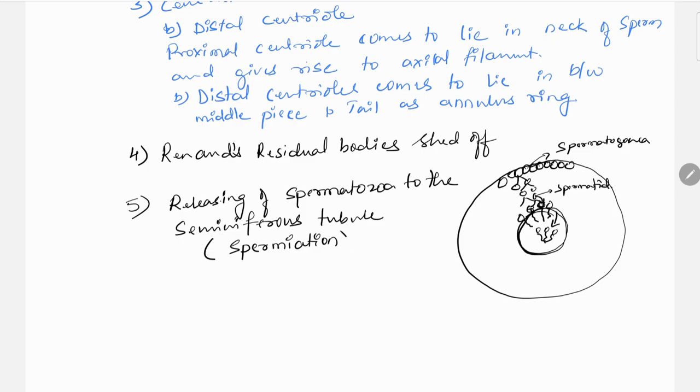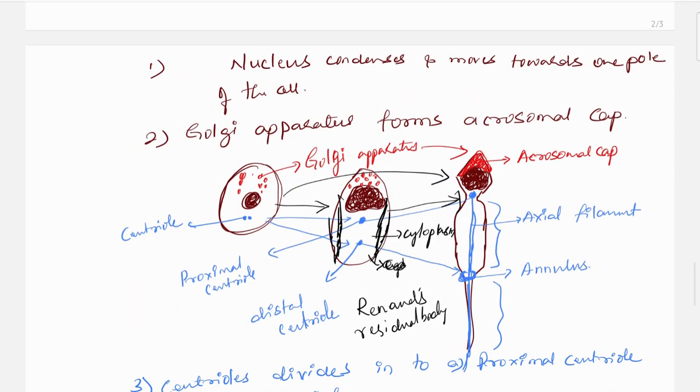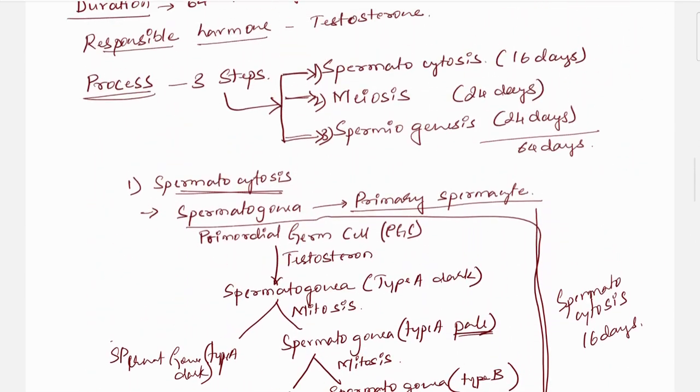Spermiation, right? There are three words that will come: spermatogenesis, spermiogenesis and spermiation. All are different. Okay, so this is a general process of spermatogenesis.